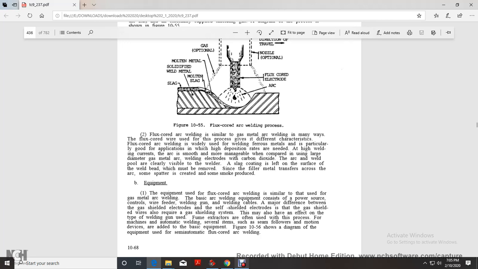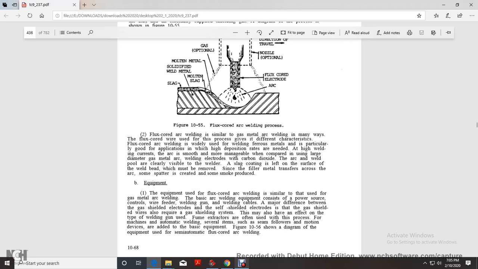The filler metal transfer creates some spatter, with some smoke produced. The equipment for flux core arc welding is similar to that used for gas metal arc welding, basic arc welding equipment. It consists of the power source, the control, the wire feed, the welding gun and the welding cable. The major difference between gas shielded and self shielded electrodes is that gas shielded arc welding requires a gas shielding system. They may also have an effect on the type of welding gun used. Fume extractors are often used with this process.